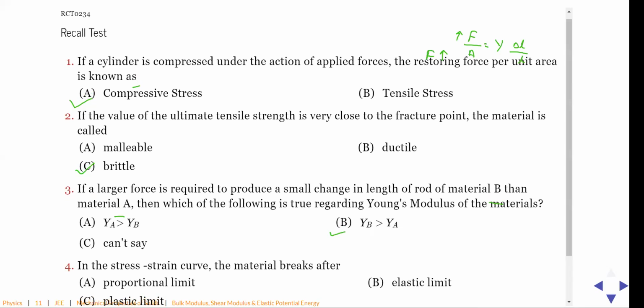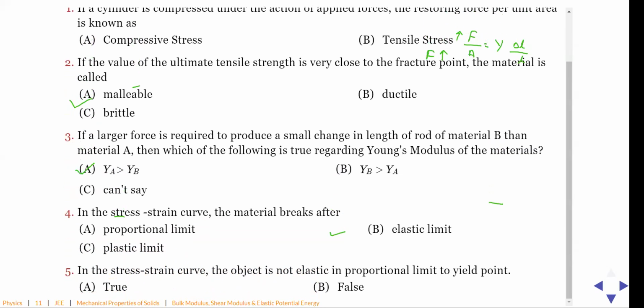Okay. Fourth, fifth. In a stress strain curve, the material breaks after... Dhruv, think once.